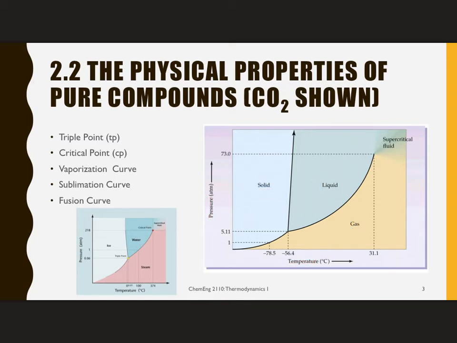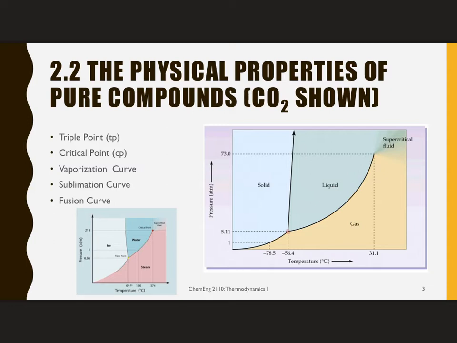Now there are lines that separate out these regions of solid, liquid, and gas. Then there is a point where they all intersect and a point up at the top. Let's talk specifically about those points first. This point right here is the triple point.